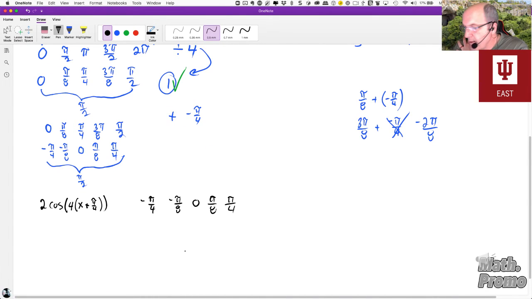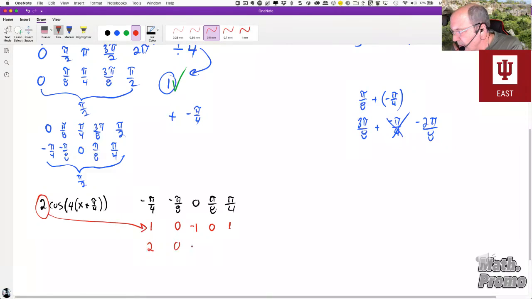And the neat thing about it is, we do have to deal with this 2 because that's going to affect our amplitude. But if we didn't have the 2, this is going to be as if it had started at 0. Cosine at 0 is 1, 0, negative 1, 0, 1. Right? So now if you fill it in with your 2, it's going to be 2, 0, negative 2, 0, 2.